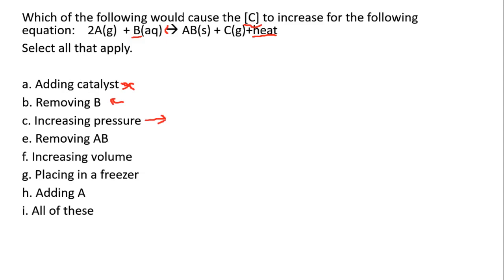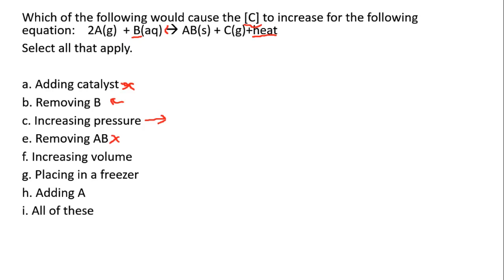Removing AB. So AB is a product. If we remove AB, how will equilibrium shift? That's correct. It won't affect equilibrium at all because AB is a solid. Increasing the volume. So increasing the volume will shift to what? That's correct. The side with more moles of gas.